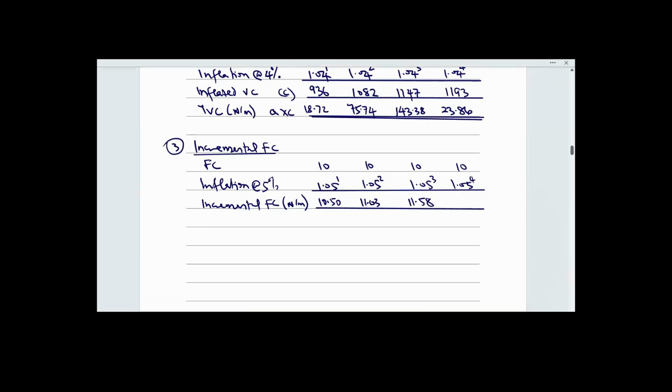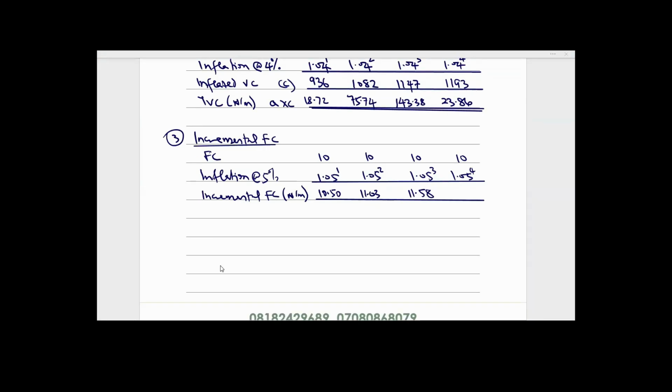Then year 4 will be 1.05 raised to power 4 equals 1.2155 whatever, then multiply by 10. That's 12.1550625, so here is 12.16.